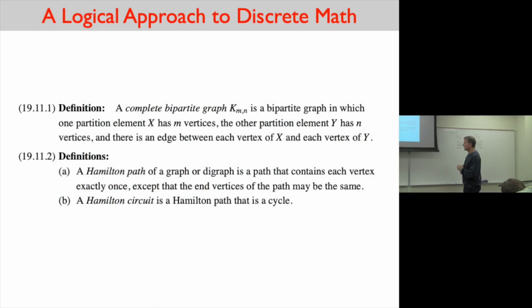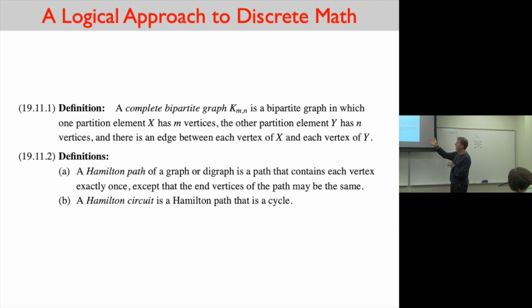Now, the next concept that we want to describe is what is called a Hamiltonian path and a Hamiltonian circuit. 19.11.2, part A, defines what a Hamiltonian path is, so let's take a look at that.